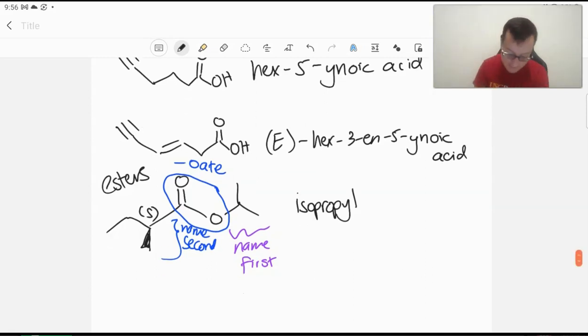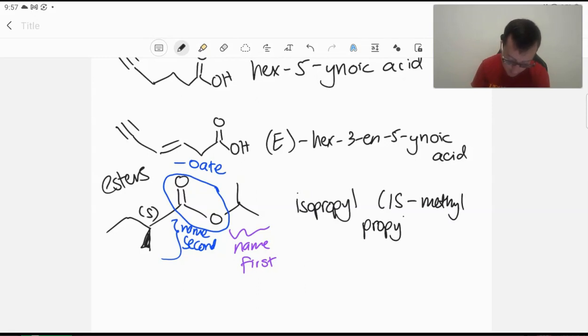Then we have a space, and then we would say 1, 2, actually this will be 1S methylpropyl. Actually, we don't need parentheses here. 1S-1-methylpropyl propanoate, sorry.